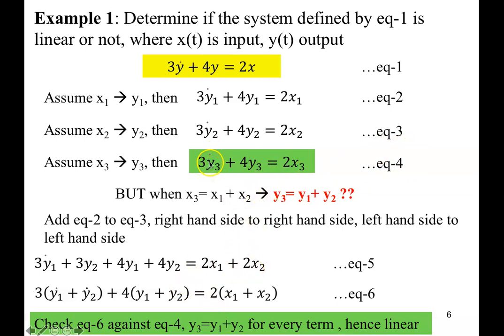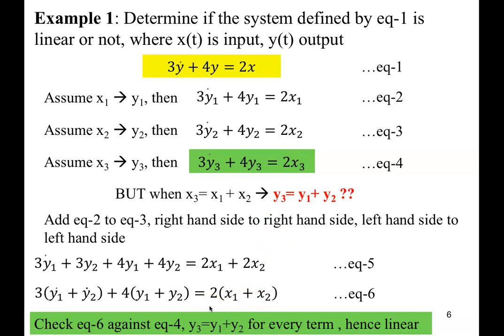Let me just repeat: if I replace y3 dot by y1 dot plus y2 dot, replace y3 by y1 plus y2, and replace x3 by x1 plus x2, I get exactly the same as equation 6.